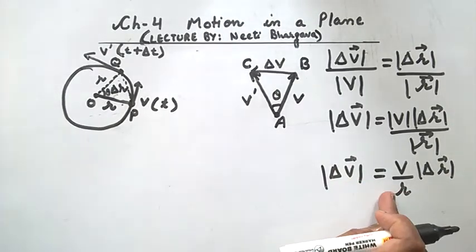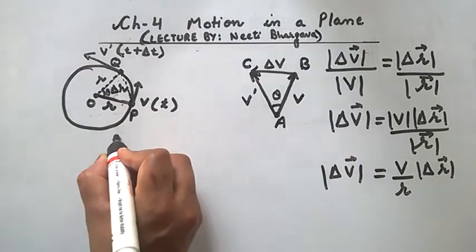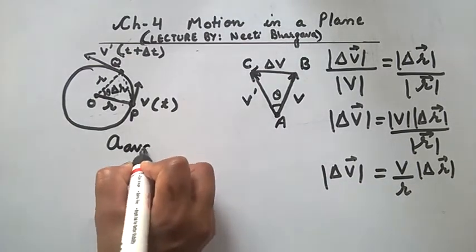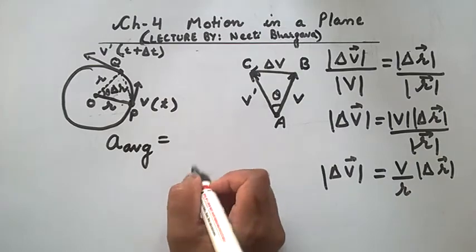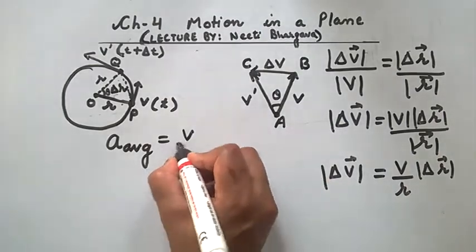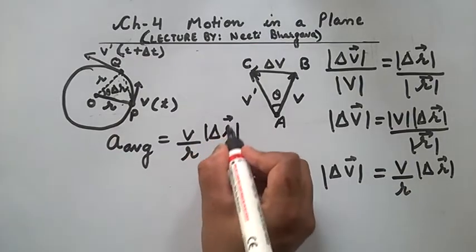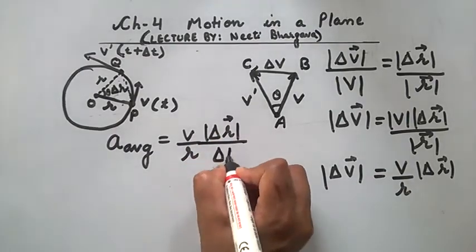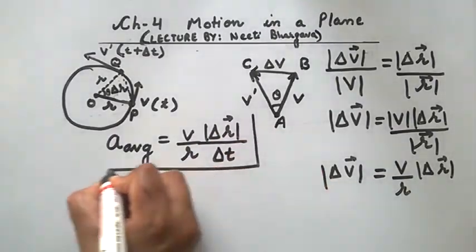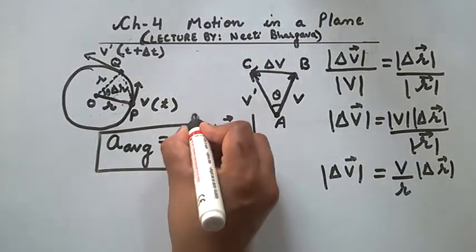Now let's substitute this value in average acceleration. Average acceleration is equal to del V by del t. Del V is V by R into del R upon del t. This is the final value of average acceleration.